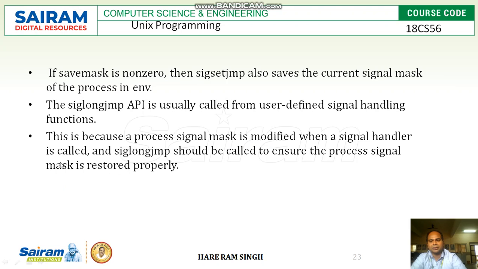When the signal handler is called, the signal mask is modified, and siglongjmp should be called to ensure the process signal mask is restored properly. And again, we must call siglongjmp, which ensures that the signal mask is restored.